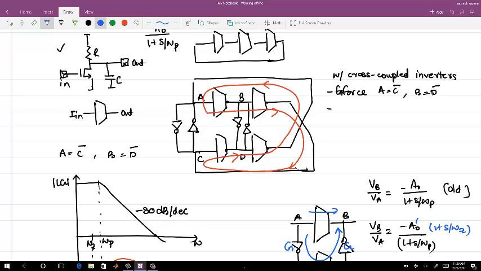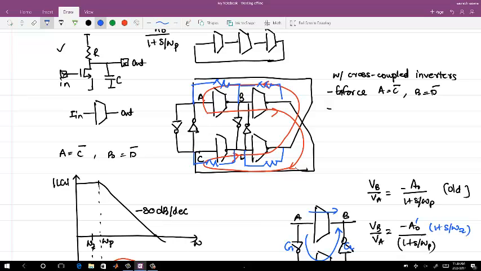Putting a resistor between B and D is effectively doing this, whereas putting the resistor the other way is not the same. If I just go and do the same thing here, it just becomes a resistive divider as such.